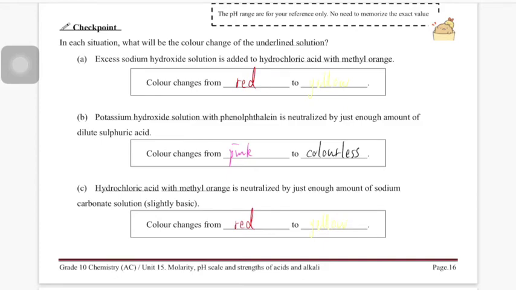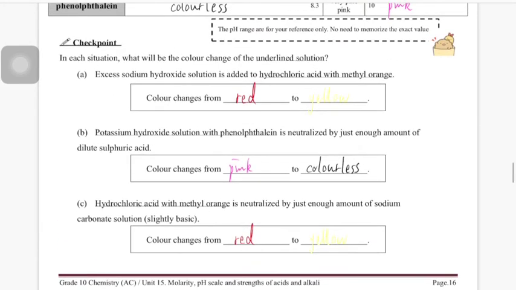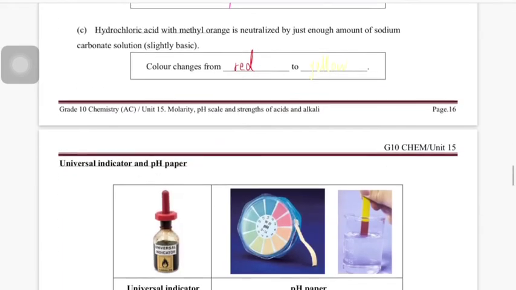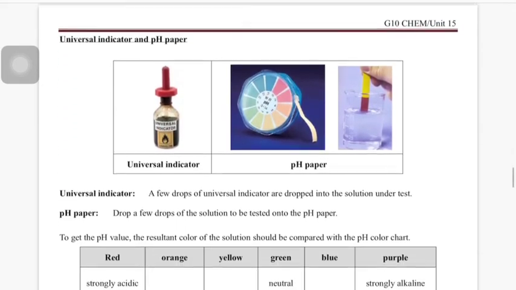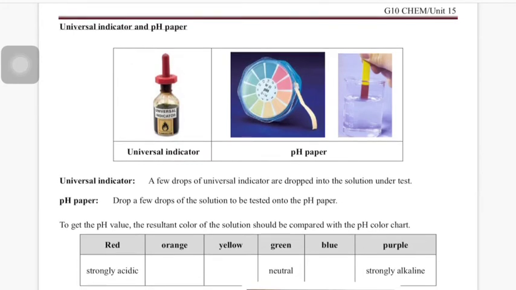Okay, that's for the acid-base indicator. An acid-base indicator would just give you a rough range of the pH value. So we can use the pH paper to give you a more accurate, narrowed range of the pH value.